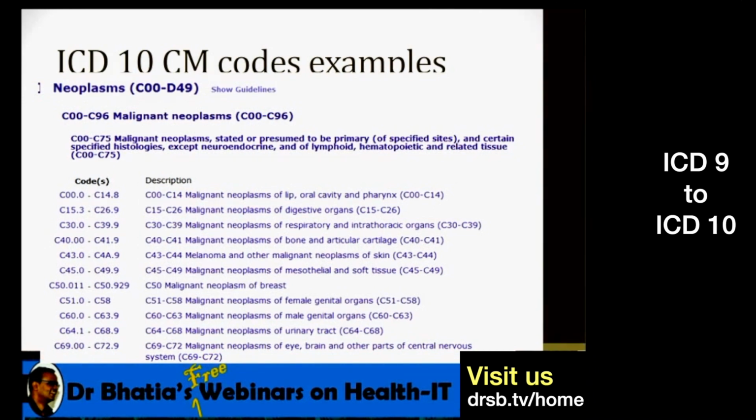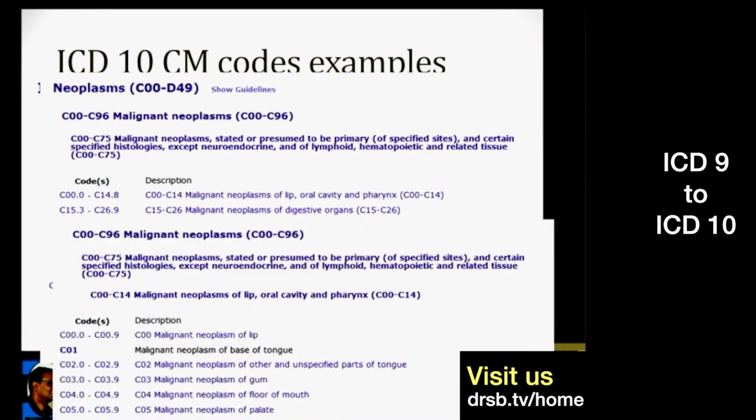At the third level, we are seeing C00 to C14.8, and this is again the malignant neoplasm of lip, oral cavity and pharynx. So we are at the same point as ICD-9 here, but we have reached that point after digging two levels. So two higher levels of information are being captured in ICD-10.